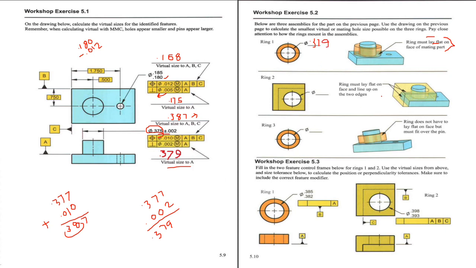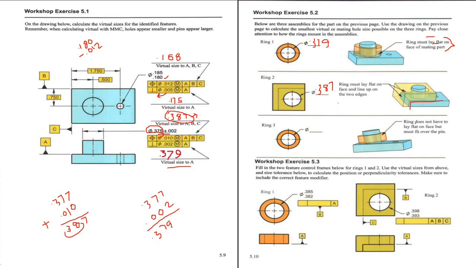Then here the condition is that the ring must lay flat on the face and line up with these two edges, this first one and this second one. And for this we will add the positioning tolerance of the pin. So MMC of the pin with position tolerance is here. We already have calculated it. It's 0.387. So in the second case, the answer is 0.387.